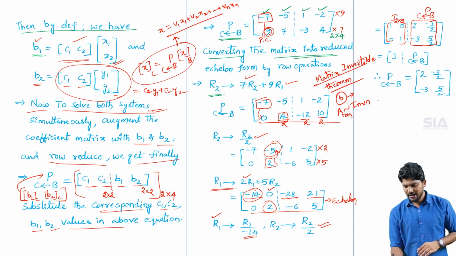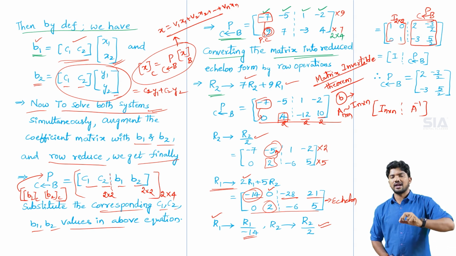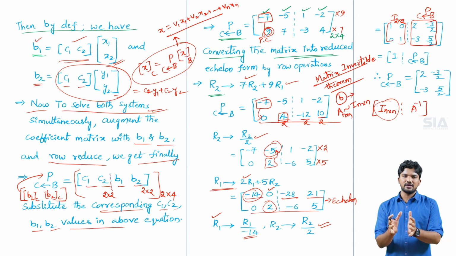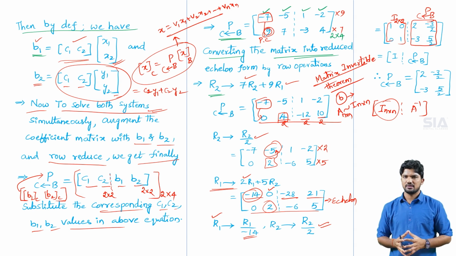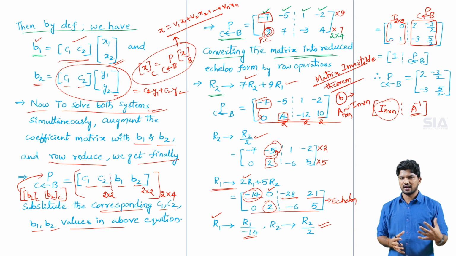That means in mathematical format we can write I n by n, okay, capital A inverse. Whenever you apply that row equivalent condition, in the left part of that augmented matrix you will get the identity matrix. In the right part you get the required inverse matrix for capital A.